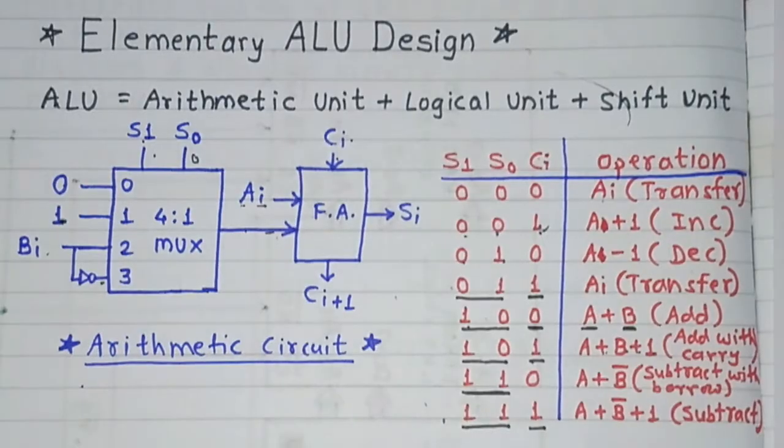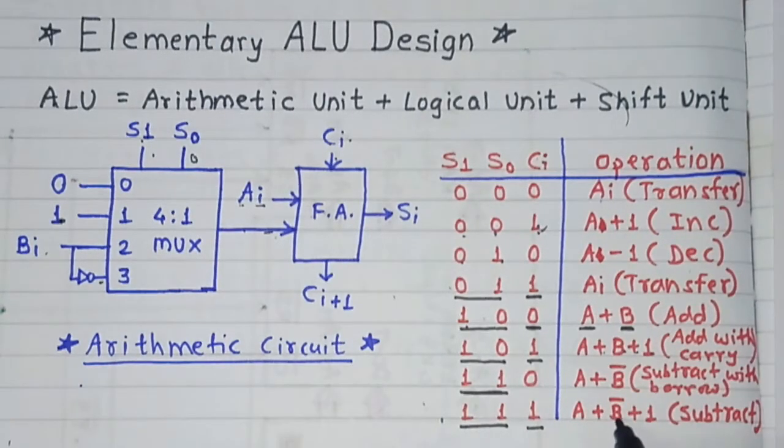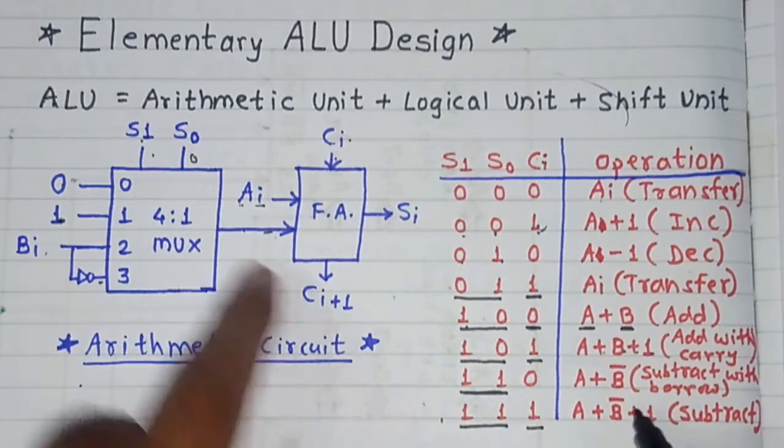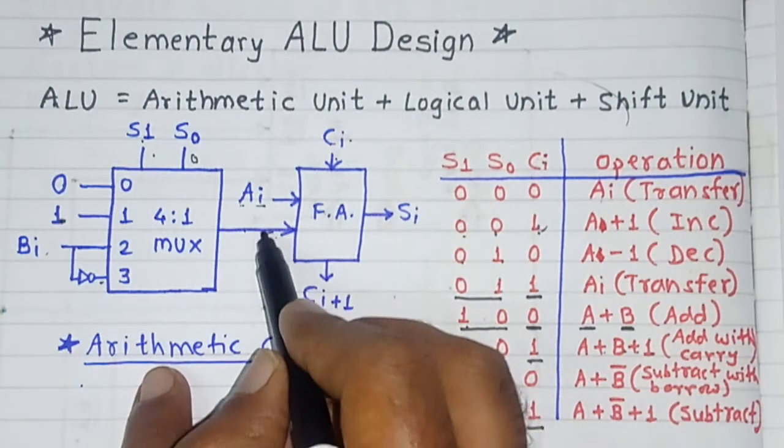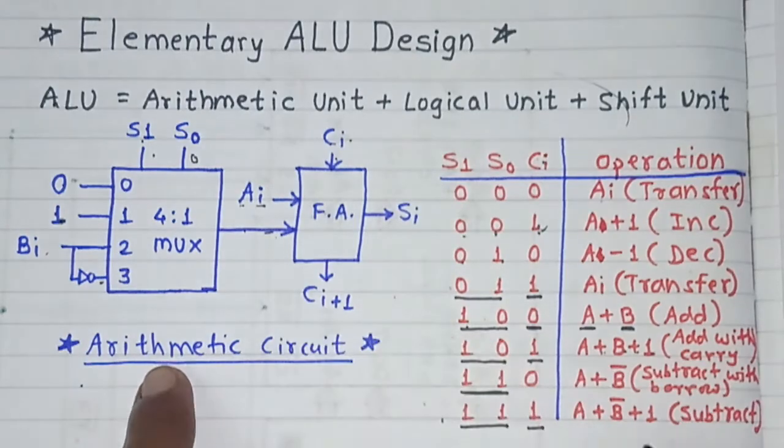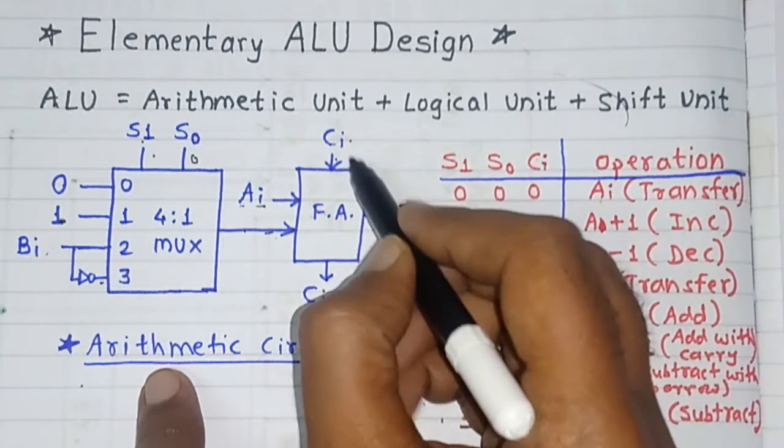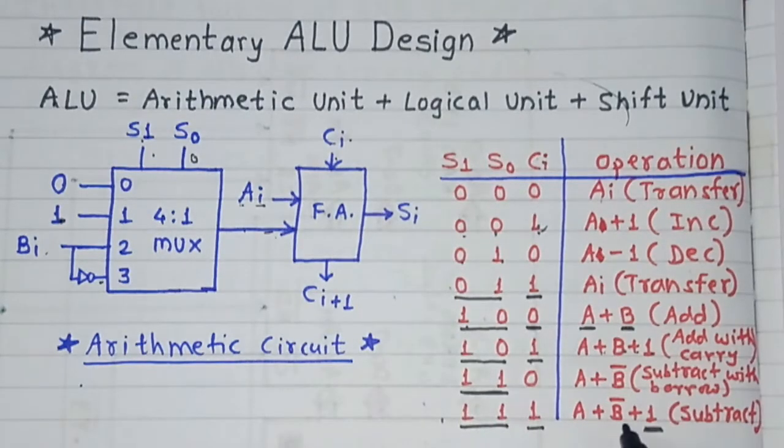So what we are saying is A plus B bar plus 1. A plus B bar is ai plus bi complement, plus 1. This 1 is coming from ci.